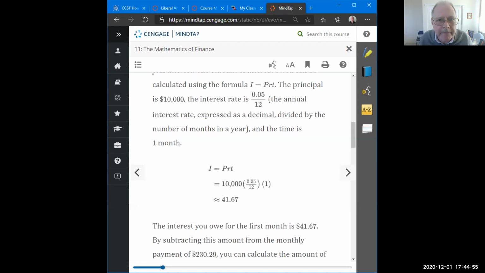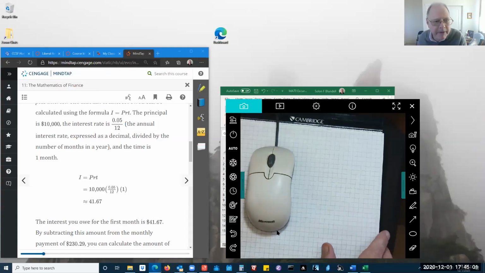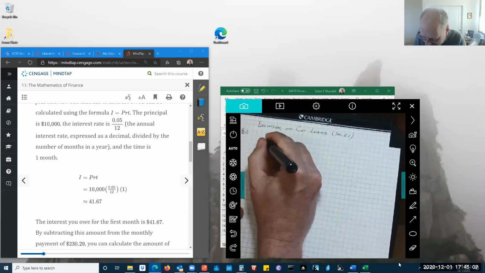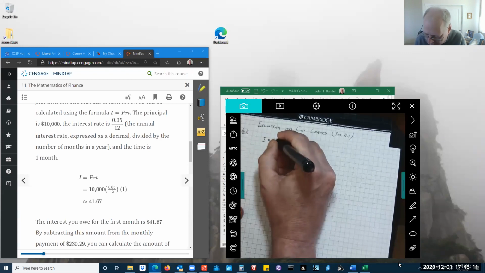Now I generally prefer to keep the time in years and keep the rates in annual rates all the time. So I could do it their way.